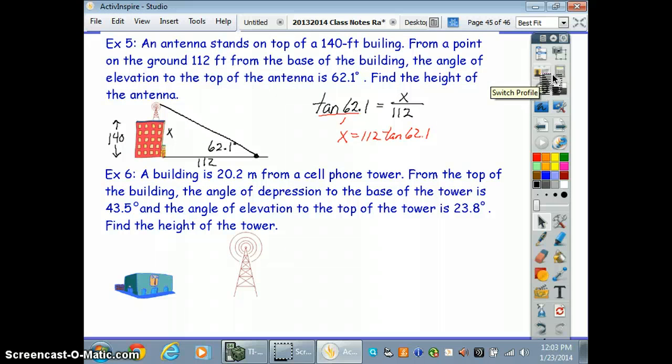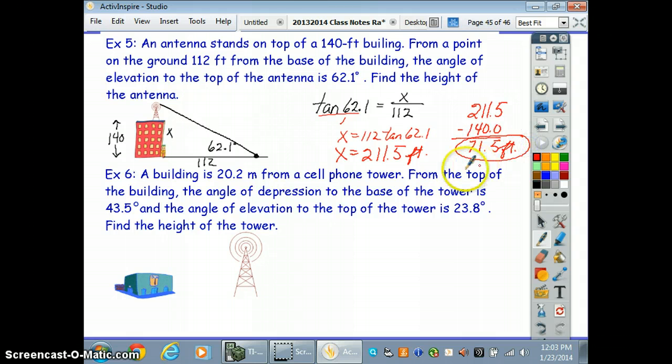Okay, so x is 211.5 feet. Now that's the whole distance. So if we subtract our 140, we'll find out how tall the antenna is. So 211.5 minus 140. Let's see, bring down the decimal. 71.5 feet. That's how tall that antenna is. 71.5. And the last one.